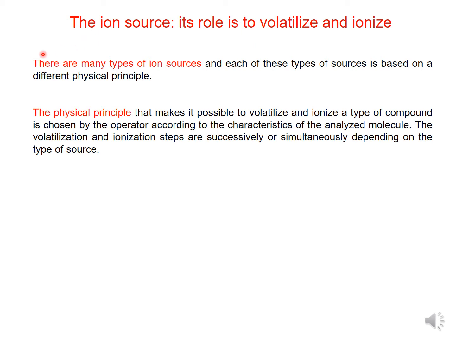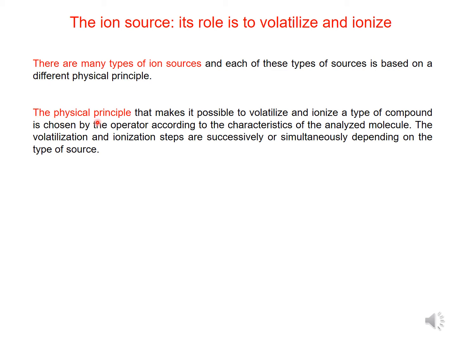As you know, it is not possible to have only one instrumentation to perform the volatilization and the ionization of molecules, because there are many types of ion source, because there are also many types of molecules, and each of these types of source is based on different physical principles, due to the different properties of molecules in terms of size, polarity, and everything you want.